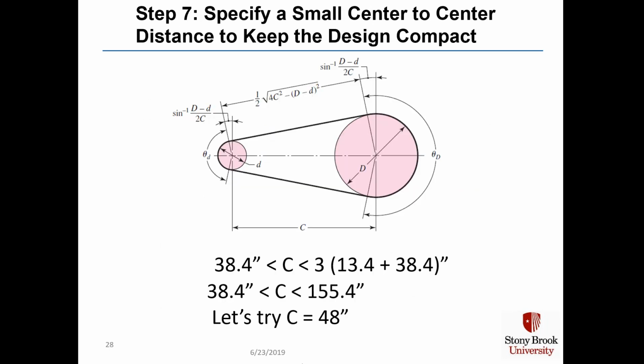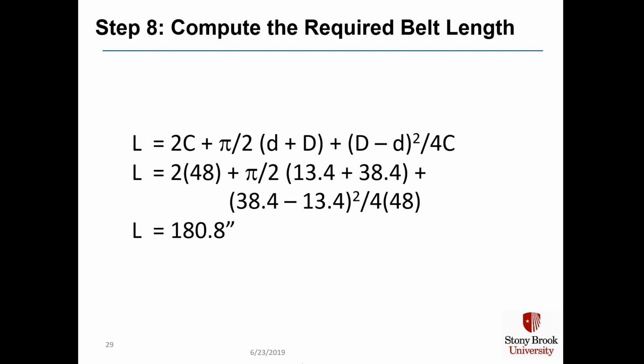We need to specify a small center-to-center distance to keep the design compact. And we know that C from the formula has to be between 38.4 inches and 155.4 inches. So as a first guess, we said, let's try C equals 48 inches, which is closer to the smaller end than the high end.